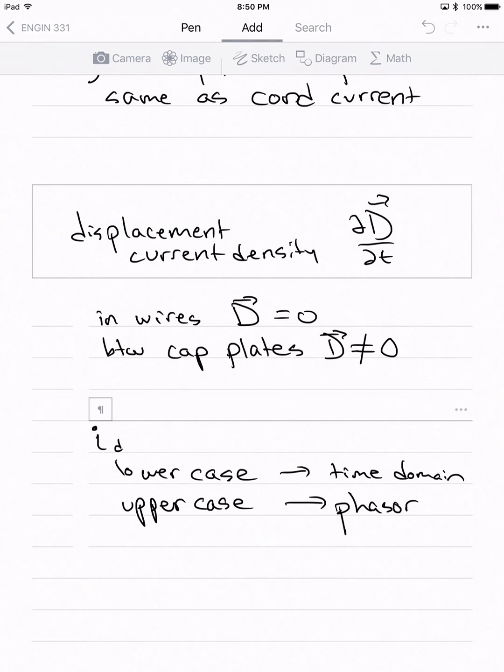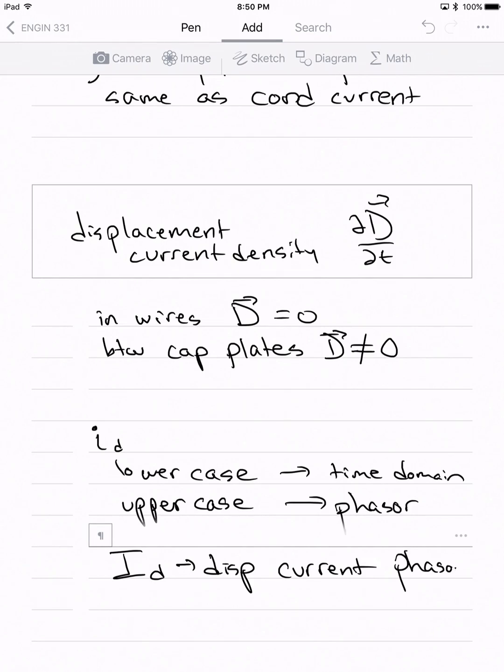So if I were to write capital I sub d, that also refers to displacement current, but it's a phasor. Make sense?